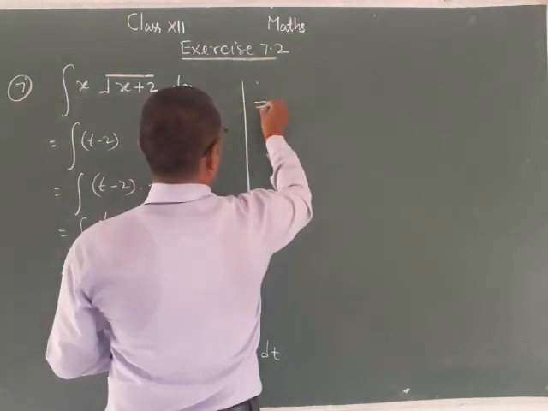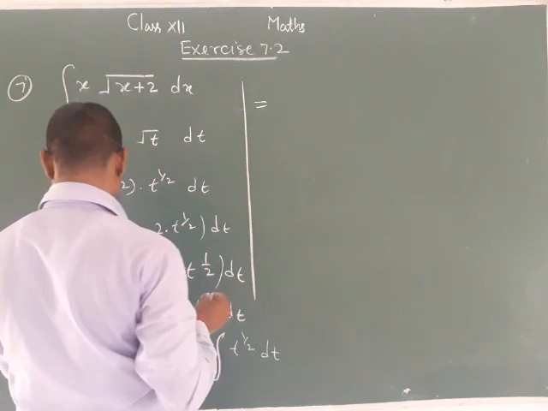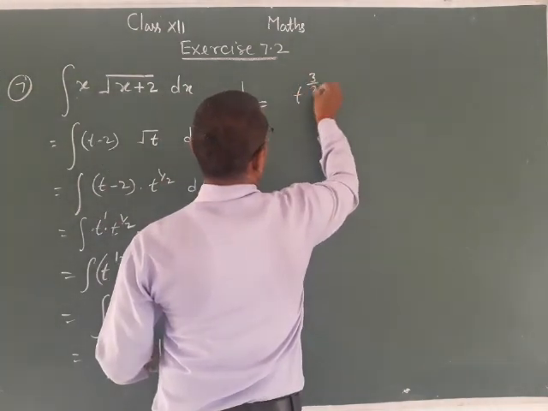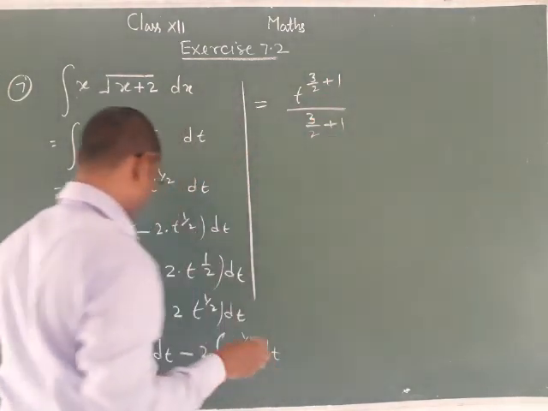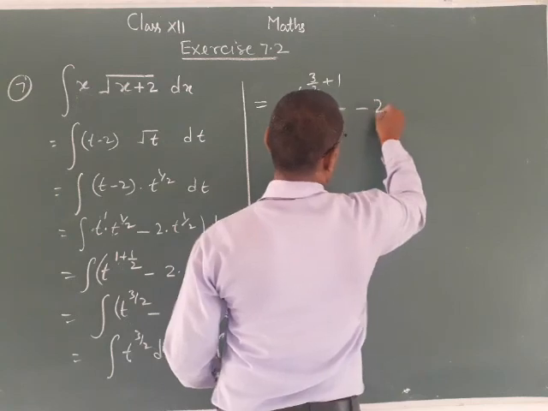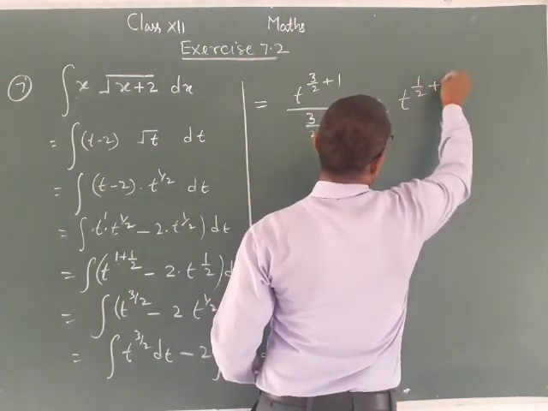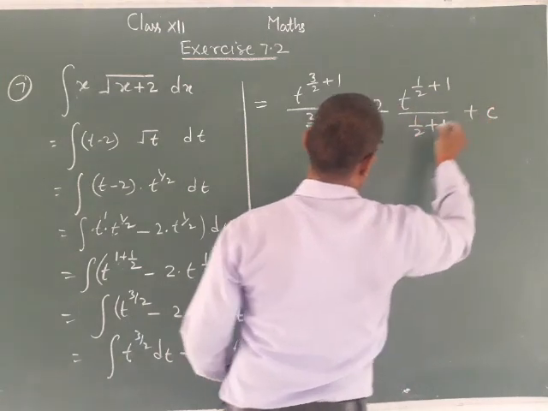And we get by calculating the integral: t to the power 3/2 plus 1 upon 3/2 plus 1, and minus 2 times t to the power 1/2 plus 1 upon 1/2 plus 1, plus c.